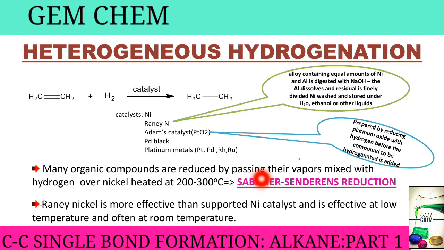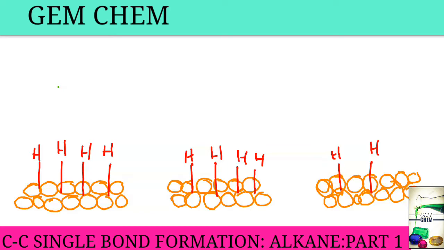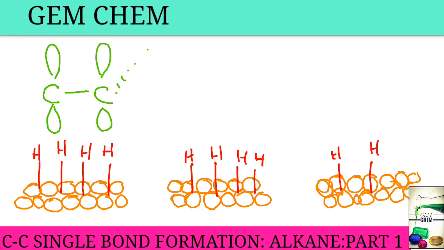Now, how does this heterogeneous hydrogenation occur basically? If we consider an alkene molecule, suppose this one, it will have p orbitals which form a double bond. These p orbitals approach the catalyst surface containing the hydrogen. When it approaches the catalyst surface, it attaches with these hydrogens and forms bonds.